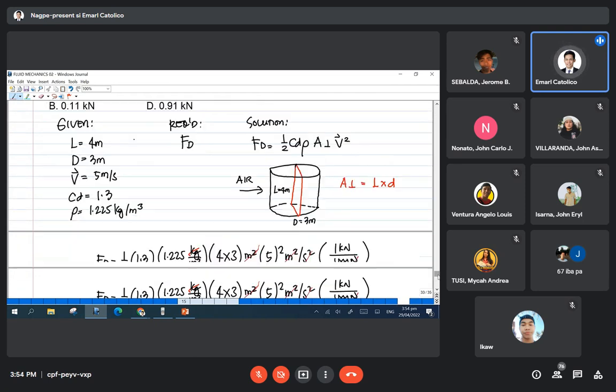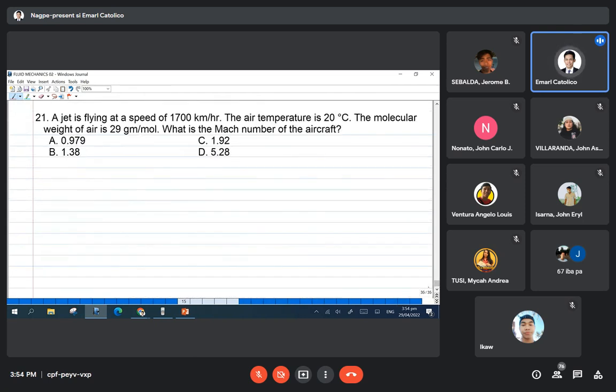Then yung last item, madali lang ba to? Last item kayo na magsagot. Ano lang to? Mach number. What is the Mach number of the aircraft? Mach number is equals to velocity ng object divided by velocity ng sound. Velocity ng object, ito siya. Then velocity ng sound, 29 grams per mole, so air.